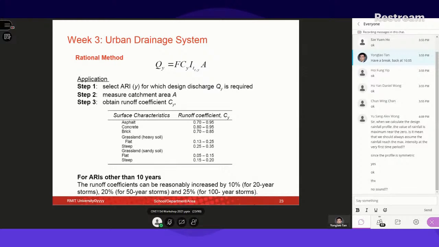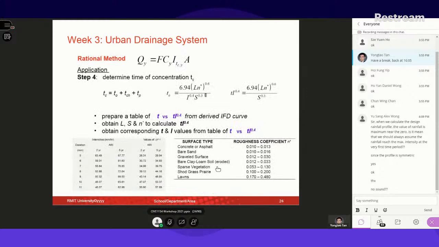Step 3, after getting the coefficient, step 4, we determine the time of concentration, TC. For time of concentration, we spend a bit of time to talk about it.